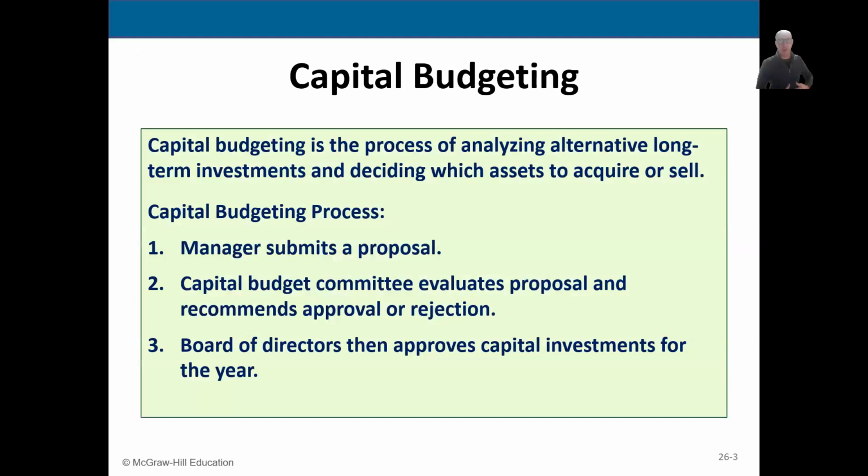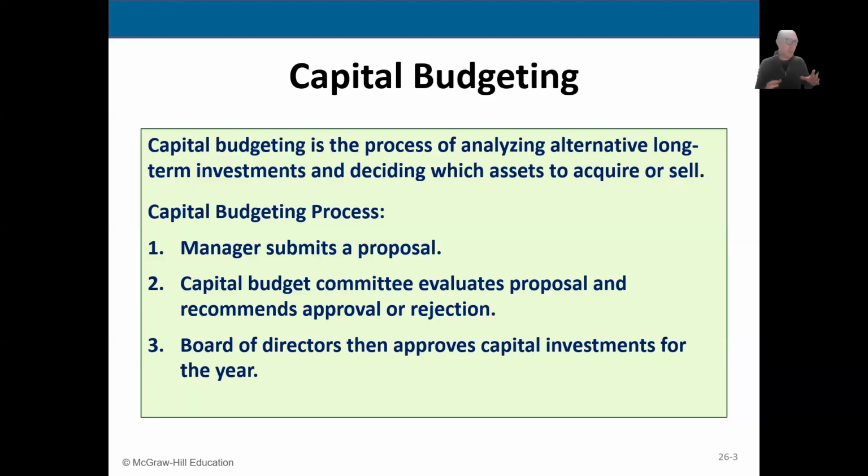Okay? And when we make investments to grow the business, we need to budget for those investments. We need to plan for those future investments. And the way we do that is by creating what we call a capital budget.